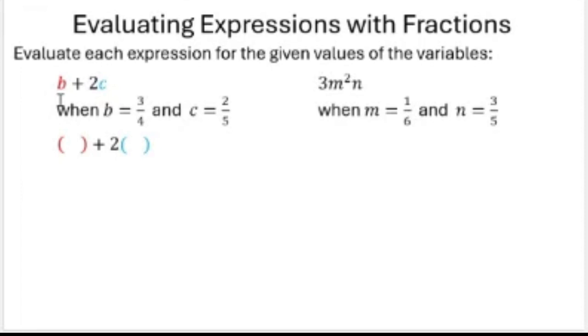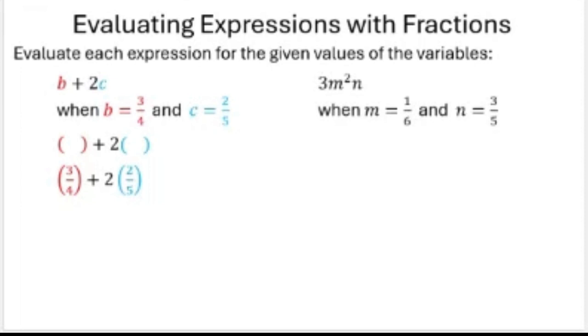So you can see I've replaced the b with a bracket, plus 2, and I replaced the c with a bracket. I have rewritten this exactly the same, but with a bracket for each of the variables. And then fill the numbers in that go in those brackets. So b is 3/4, goes in the b bracket. c is 2/5, goes in the c bracket.